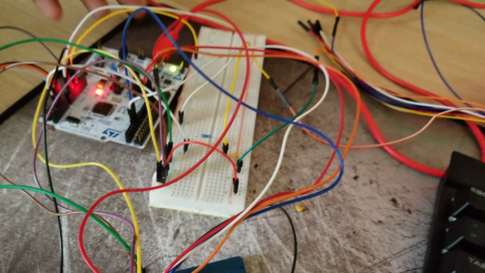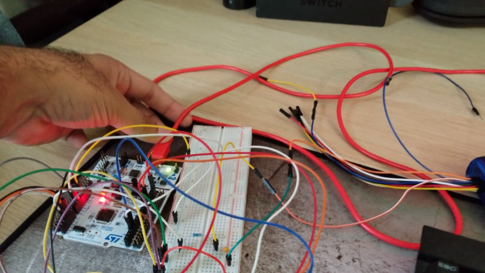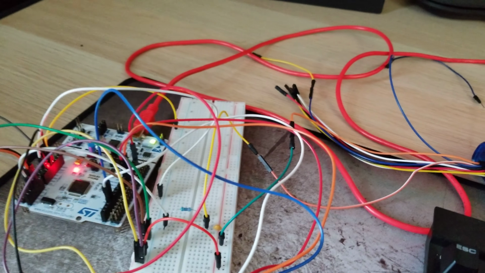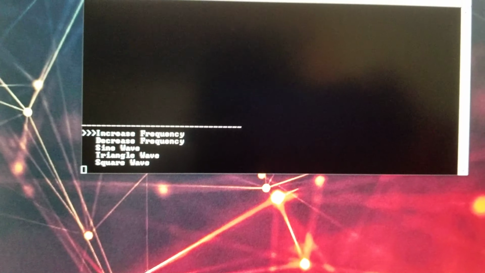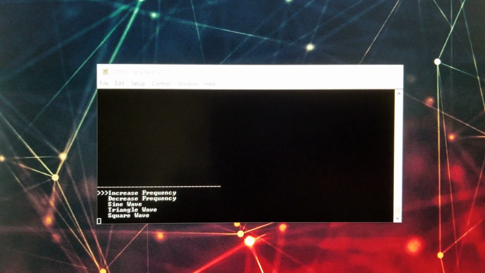Finally, we have the USB cable going into my computer from the debug port, and that gives us the user terminal, which I have open on TeraTerm, running at 115200 baud.